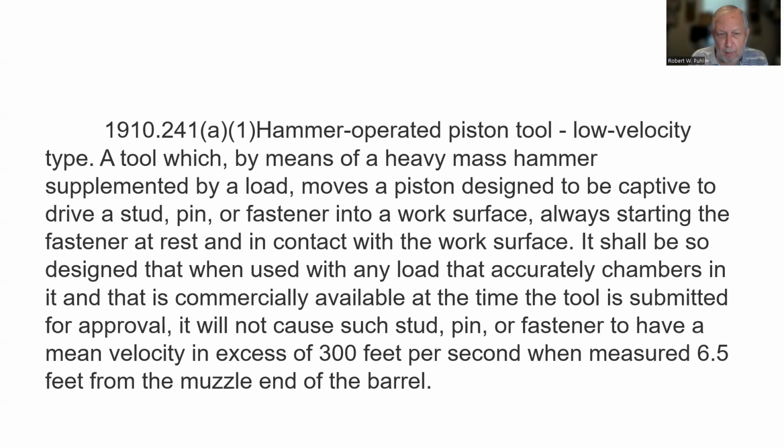It shall be so designed that when used with any load that accurately chambers in it and that is commercially available at the time the tool is submitted for approval, it will not cause such stud, pin, or fastener to have a mean velocity in excess of 300 feet per second when measured 6.5 feet from the muzzle end of the barrel. Okay. I'm going to assume all this 300 feet per second stuff is something the tool has to meet to be compliant with this, and you don't have to go measure that.